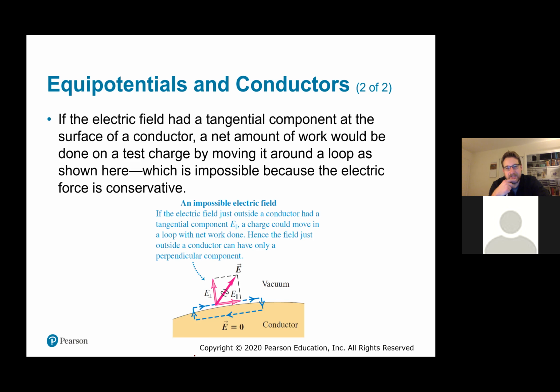If there were a tangential component, we could contrive to move a charge in a loop like this and experience this tangential component of the field doing positive work. We could get net work done in a closed loop by an electric field, which, in order to be an electric field, it's got to be conservative, and this ain't it. It's not possible. We can't have this situation, because if we could, then the electric field wouldn't be conservative.